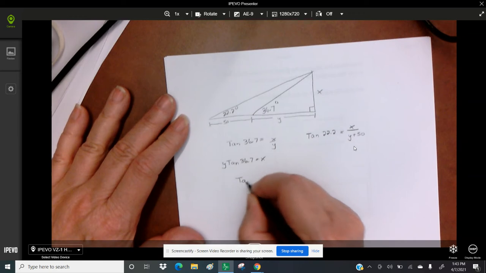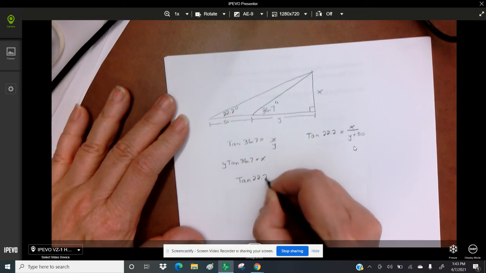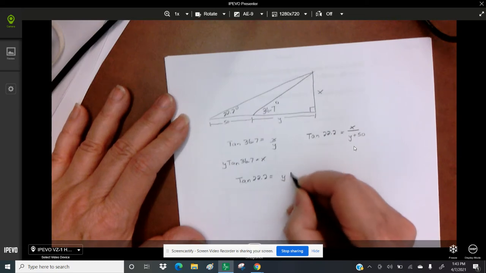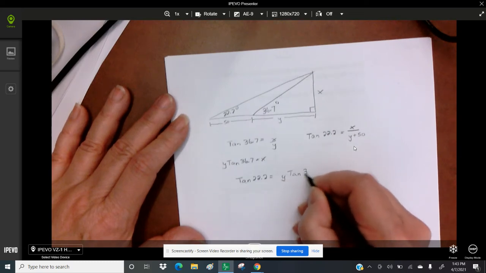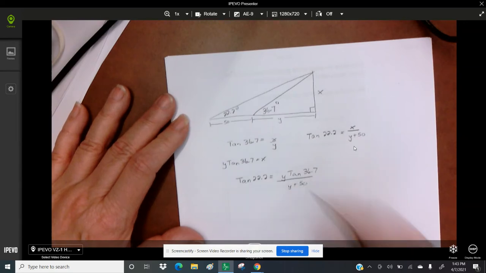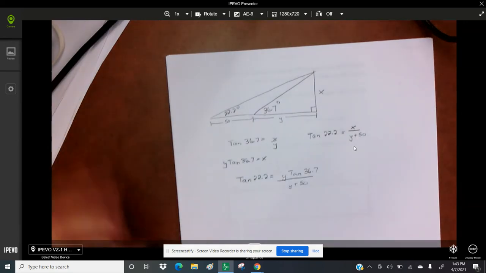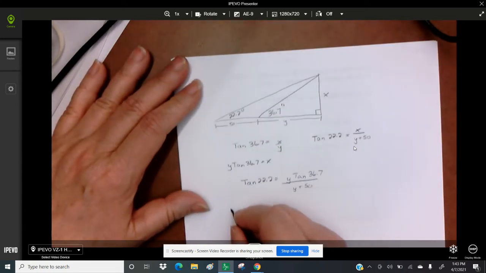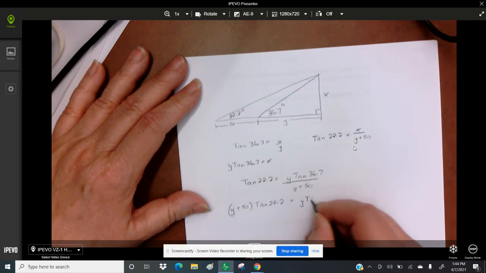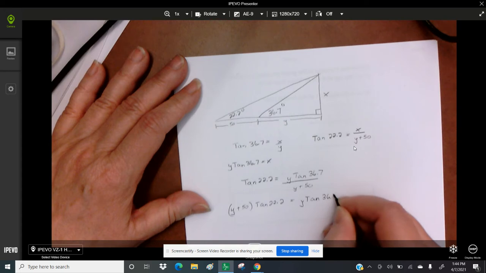So I'm going to have the tangent of 22.2 equals x, which I've already now said is going to be y times the tangent of 36.7 all over y plus 50. Now I just have to solve this equation for y. So I'm going to cross multiply. I'm going to have y plus 50 times the tangent of 22.2 equals y times the tangent of 36.7.